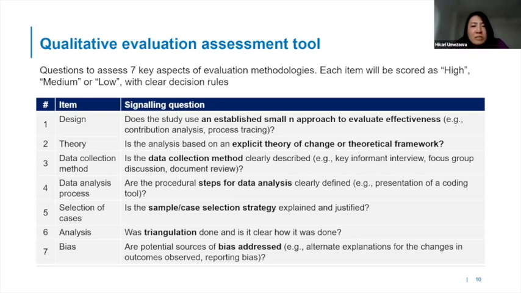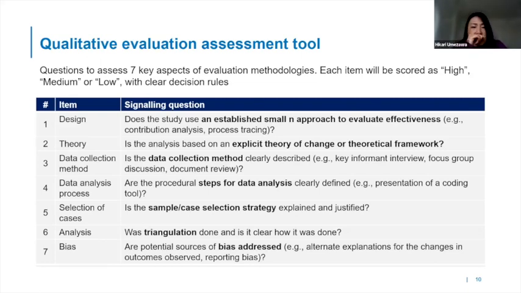The second one is on the theory-based approach, whether the analysis is based on an explicit theory of change or a theoretical framework or conceptual framework. The third one is on data collection method, whether the data collection method is clearly described, for example, key informant interview, focus group discussion, or document review.